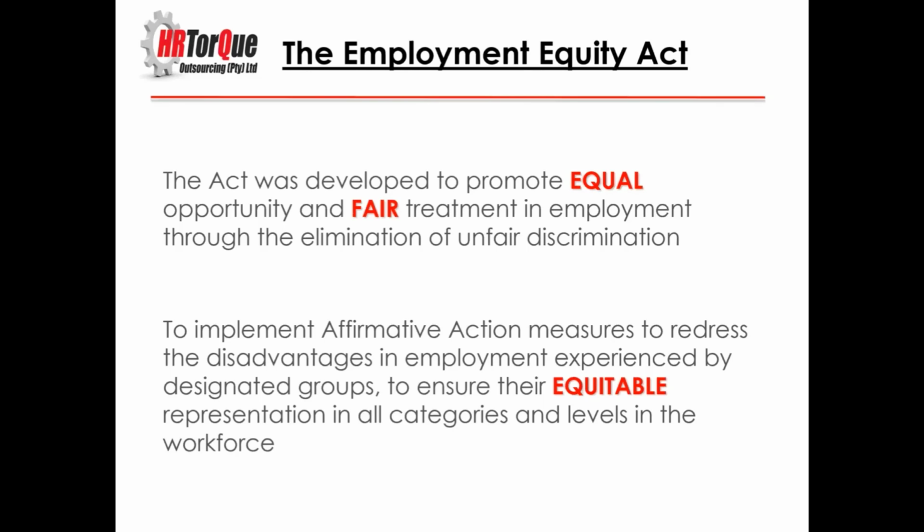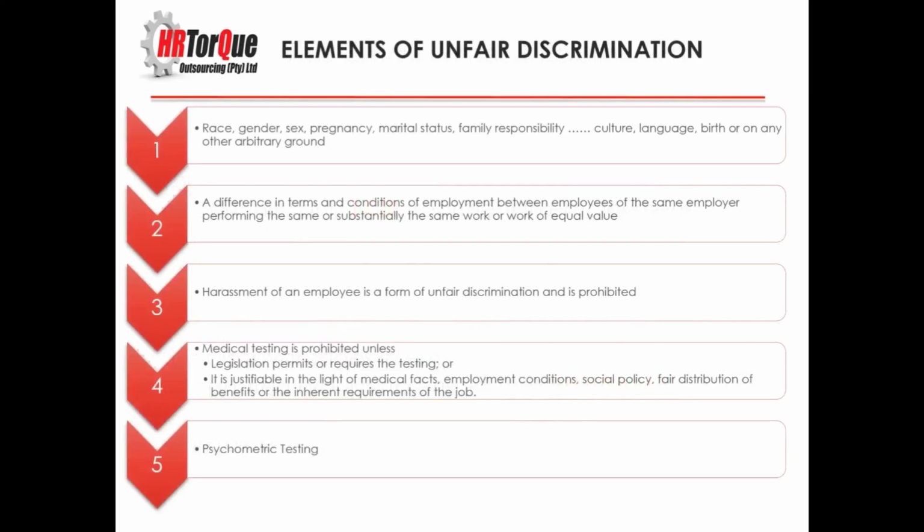So when we then go through to the cornerstone of employment equity, the elimination of unfair discrimination is not designated only for designated employers. This applies to all employers in South Africa. So there are 5 elements of unfair discrimination.